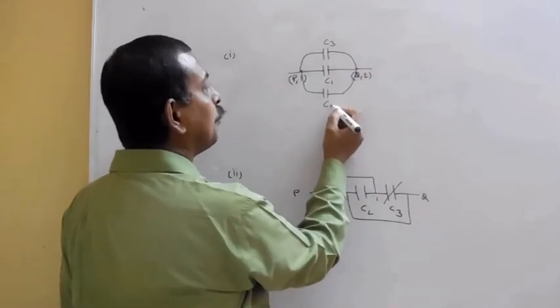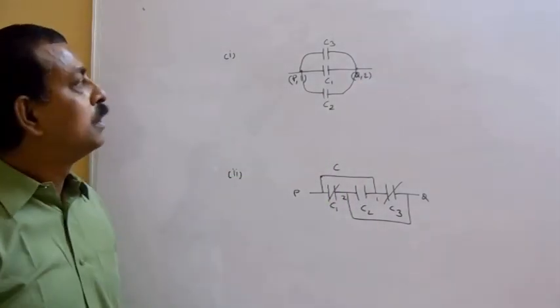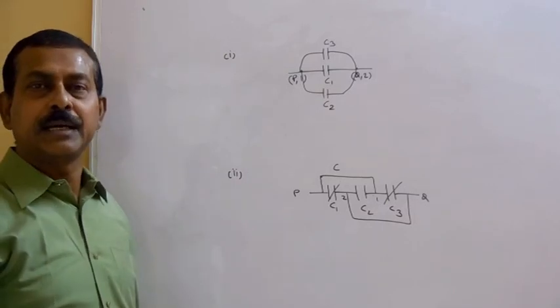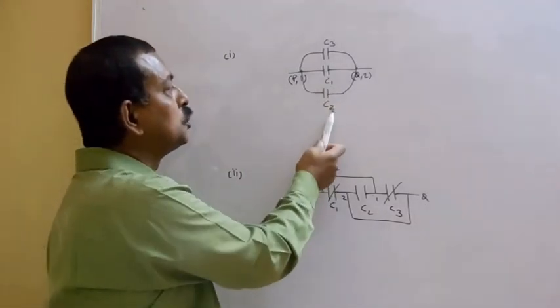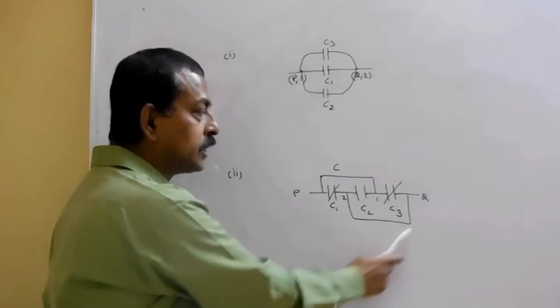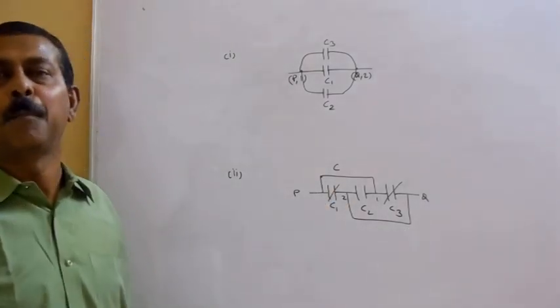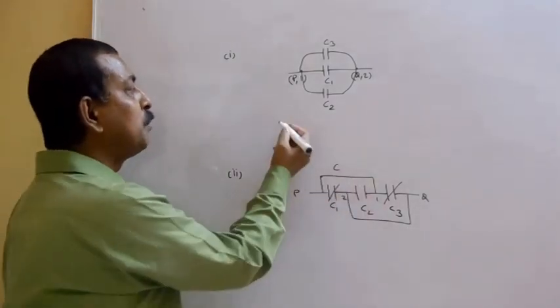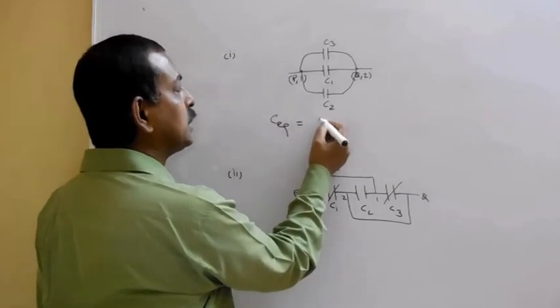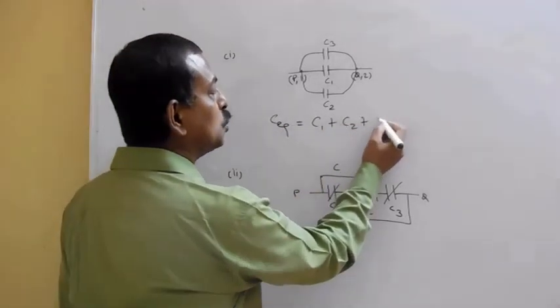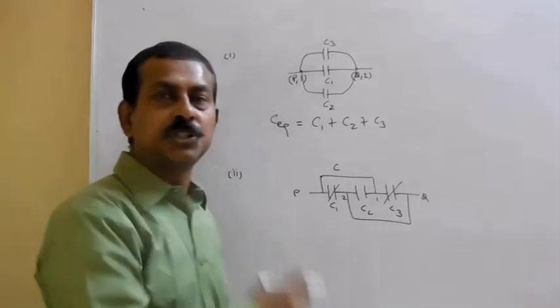So it is like this. Now it is very clear from the diagram that C1, C2, C3 of this network are in parallel. If they are in parallel, the equivalent capacitance will be C1 plus C2 plus C3.